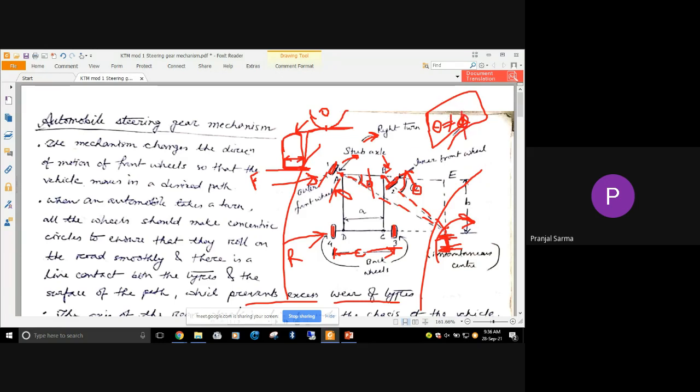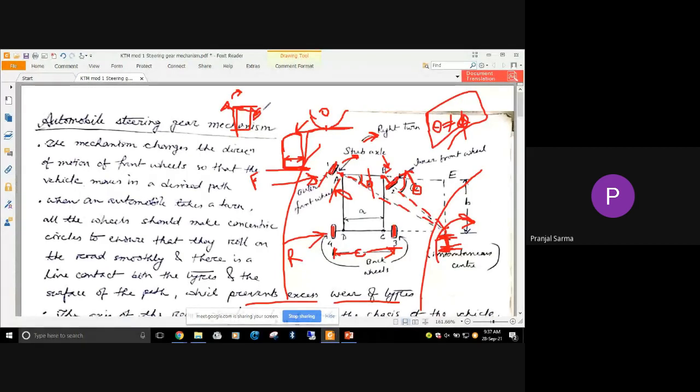Now if this is the front wheel, this is another front wheel. Whenever it is taking the right turn, once again I am just showing the front portion. Whenever it is taking a right turn, this wheel also will get rotated by a certain angle, and this wheel also will get rotated by a certain angle.